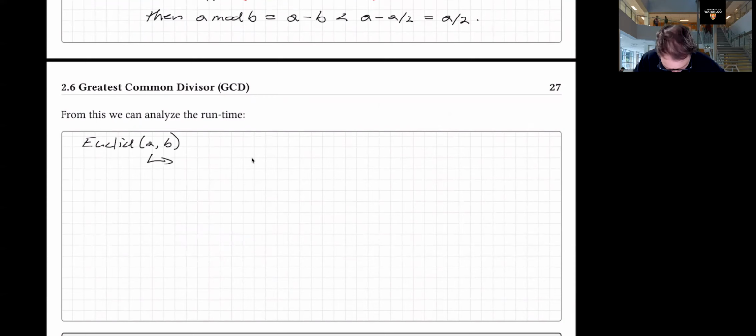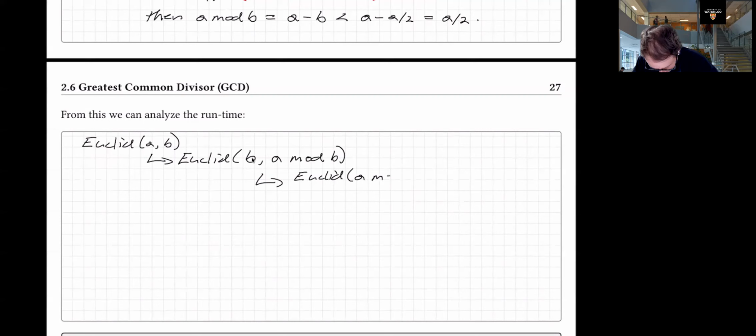It instead calls Euclid on B, A mod B, which instead calls Euclid on A mod B, and then B mod A mod B, which is kind of funny looking.